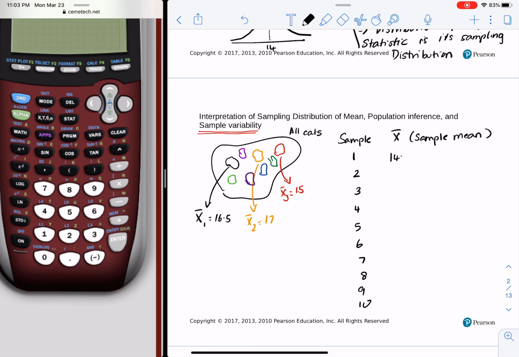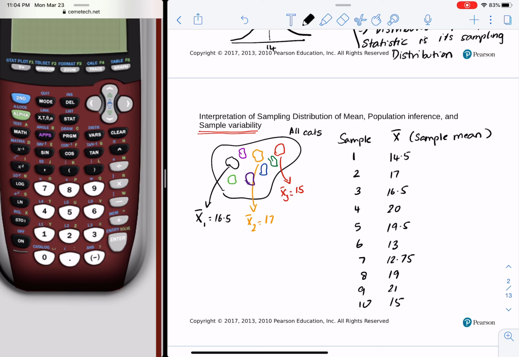So we may have 14.5, 17, 16.5, 20, 19.5, 13, 12.75, 19, 21, and 15.